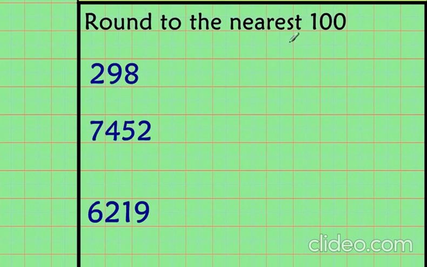298. I'm looking for the nearest 100, so I go to units, tens, hundreds column. Where's my indicator? It's the 9. What does 9 indicate to me? It indicates round up. So my 2 becomes a 3, and everything else, zeros.